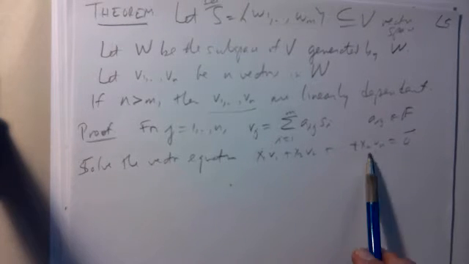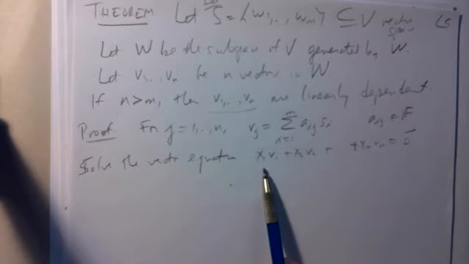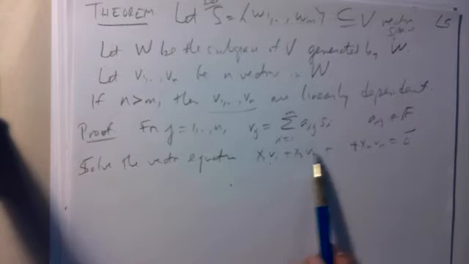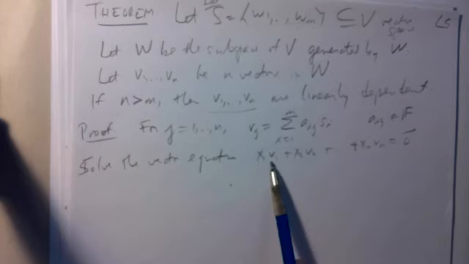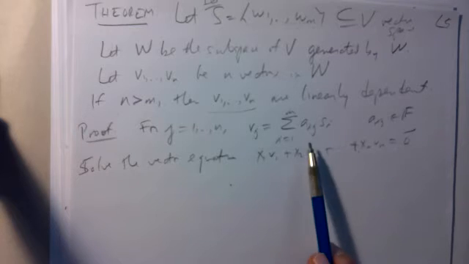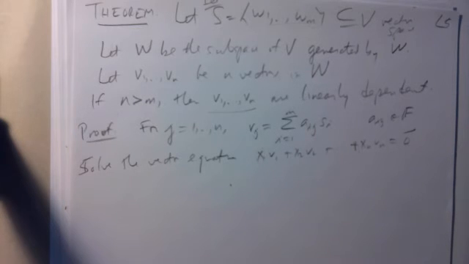What are all possible linear combinations? If the only possible linear combination is with the x's all 0, then these are linearly independent. But if there are x's not all 0 that solve this equation, then the vectors are linearly dependent.